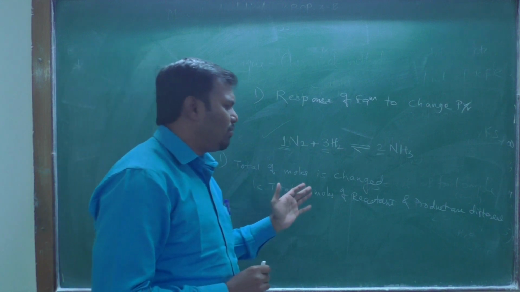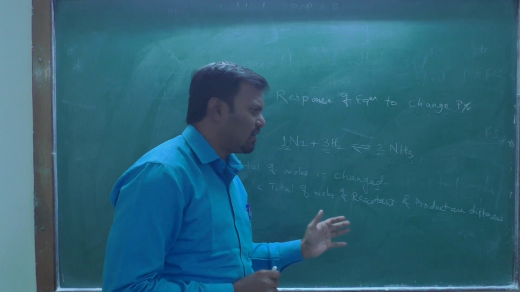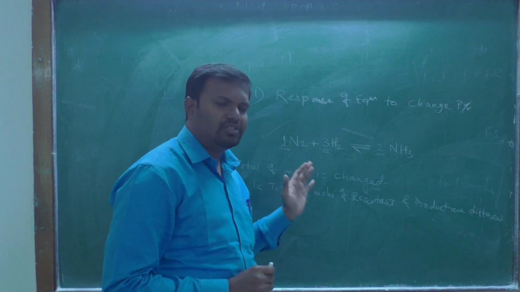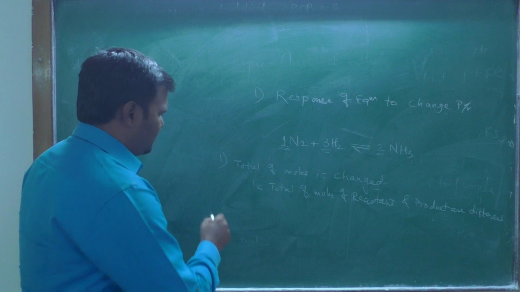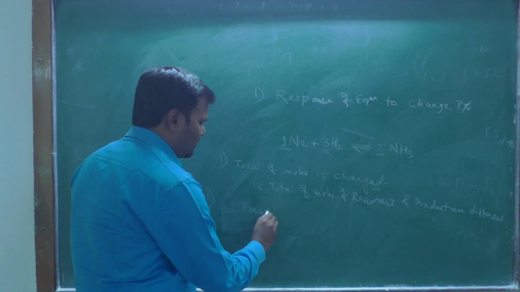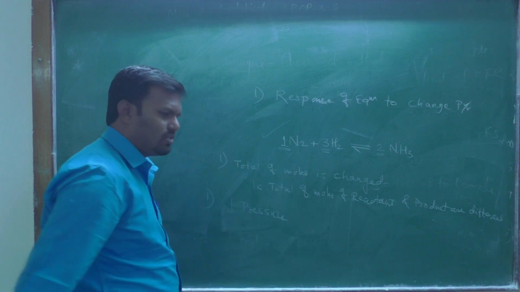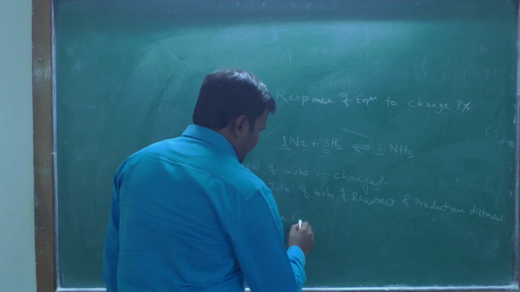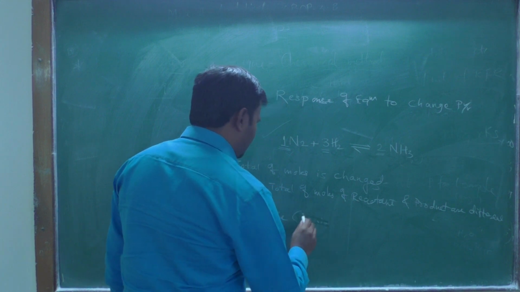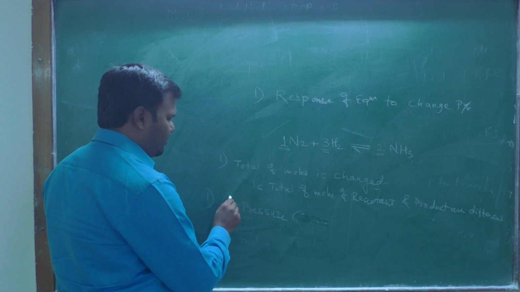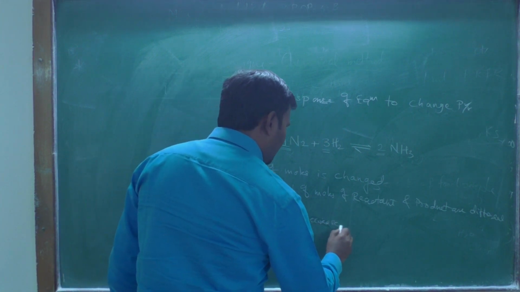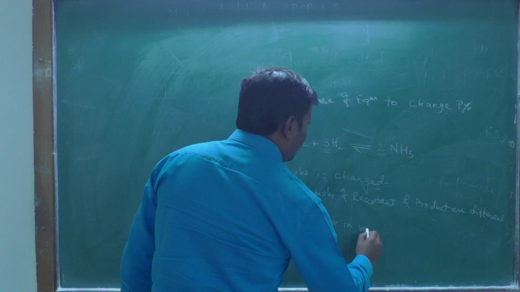The total number of moles of reactant and product are different, therefore the total number of moles is changed in this reaction. If you decrease the pressure, it means there is an increase in volume. If you increase the pressure, there is a decrease in volume.